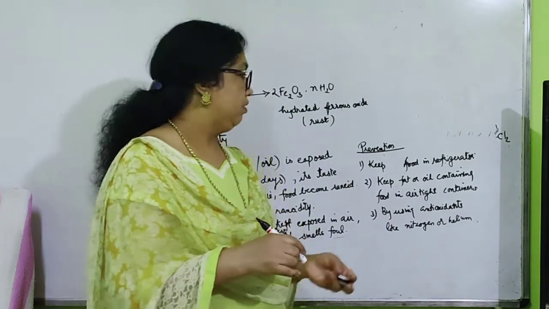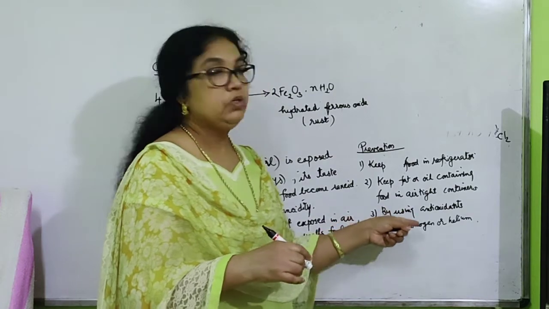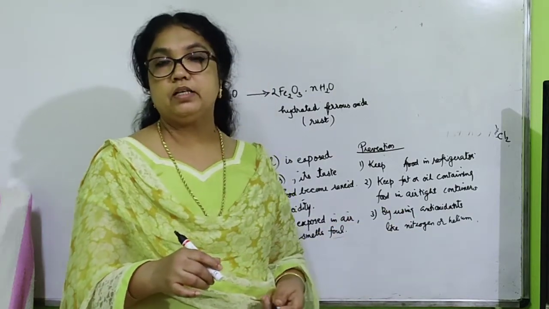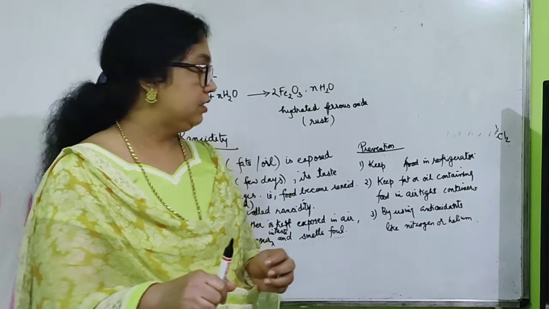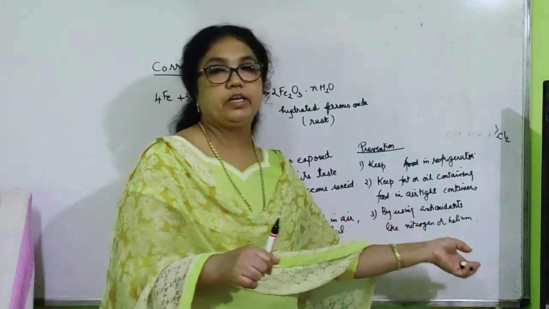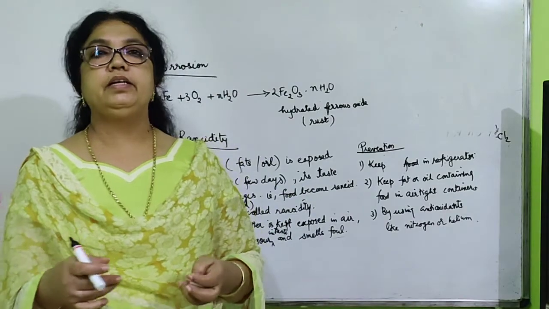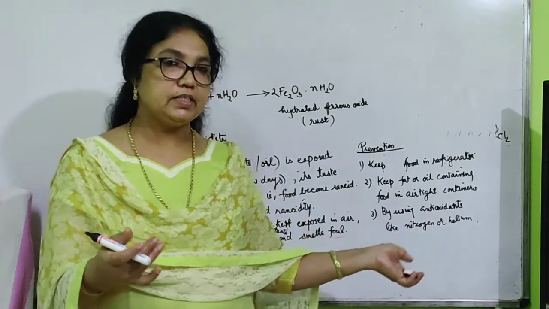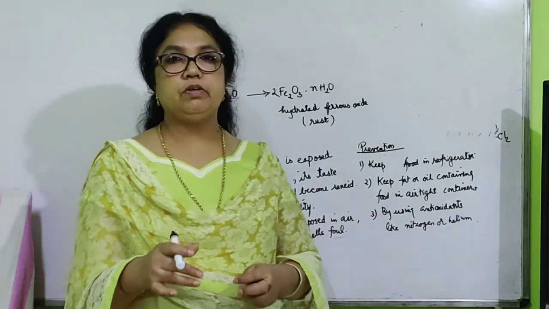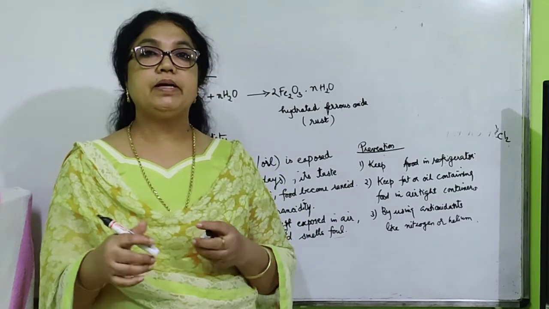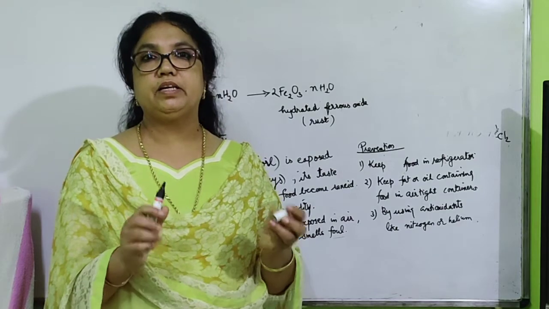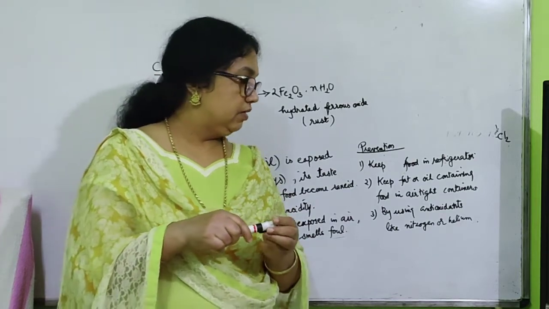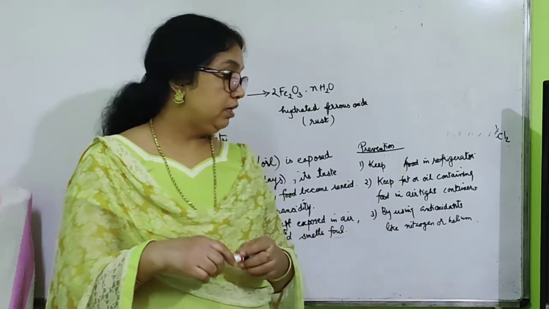Another is using antioxidants, the chemicals which prevent oxidation, like nitrogen or helium gas filled during packaging. That's why the chips we buy from the shop are not rancid and we can eat them. So this is about rancidity.